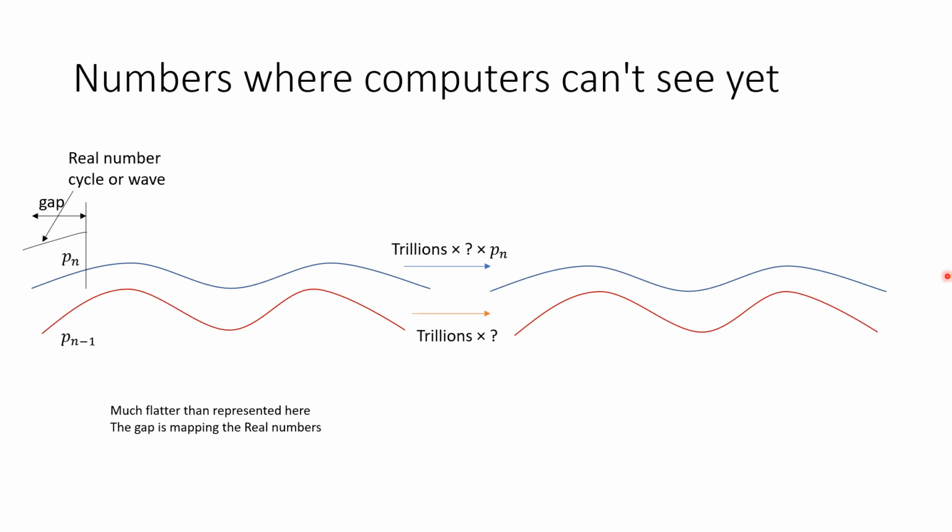So it's going to be much longer, but similar in distribution to the red one. The gap is always going to be behind, but these are going to be mapping the real numbers. So eventually the real numbers are going to be stabilized and look more alike the cycles.